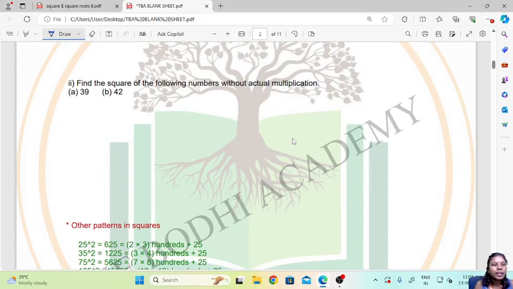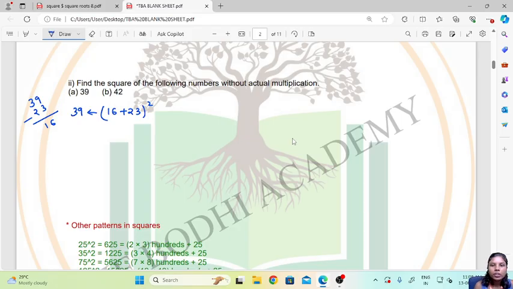Let's solve another example. Here we have 39. We have to find which two numbers add up to get 39. If I subtract a number, say 23, from 39, this will be 16. So I can say (16 plus 23) the whole square will give me 39 square.